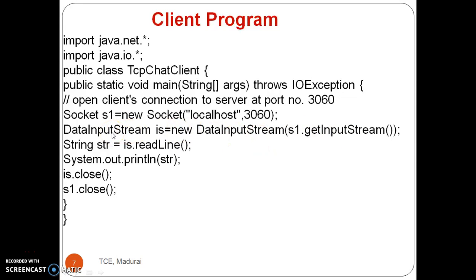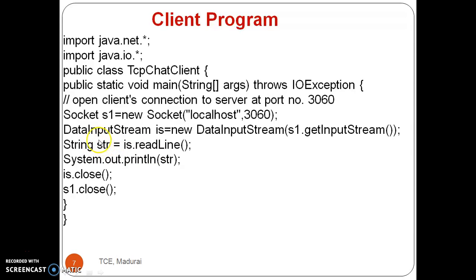Now again, data is in the form of byte stream, which cannot be directly displayed by using System.out.println. So we need to convert byte stream into string by using the readLine method. So this syntax is used to convert your byte stream into string data type.